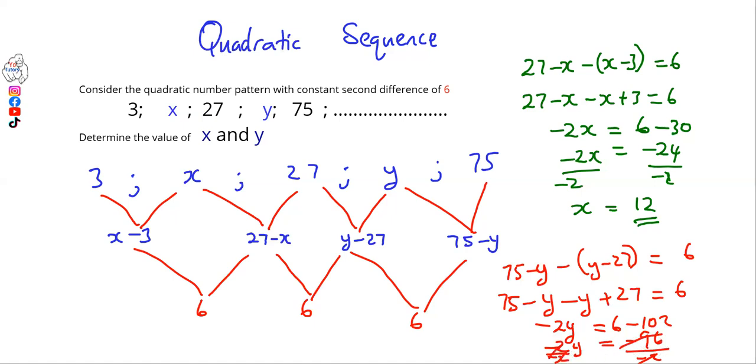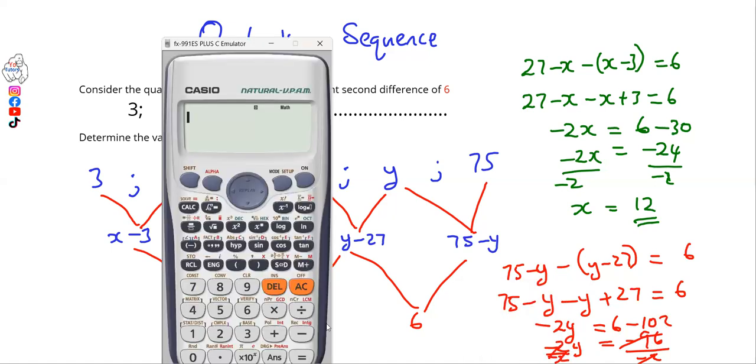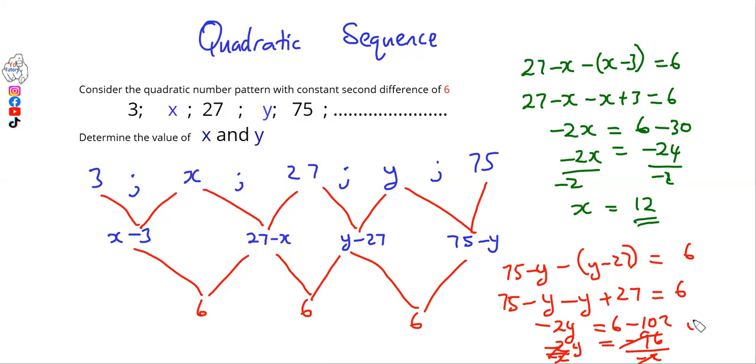So let's see what our y will be. 96 divided by 2 is going to be 48. So our y is equal to 48.